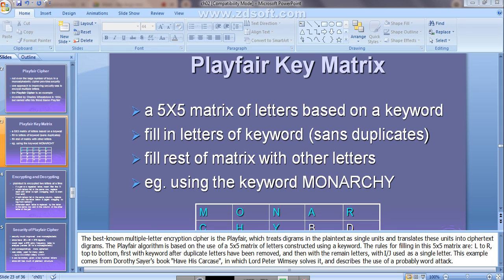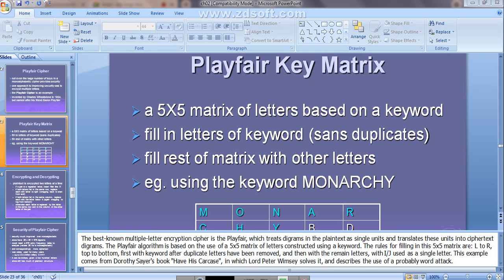That means the Playfair cipher is mainly based upon the usage of a 5 by 5 matrix of letters, which are present in the keyword or the key you are going to use to convert plain text into cipher text. For that key they form a 5 by 5 matrix, and they fill that keyword into that 5 by 5 matrix.